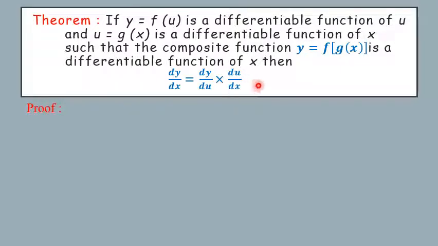So first we are going to prove that y is a differentiable function of x, and then that dy by dx is equal to dy by du into du by dx. Here y is a function of u and u is a function of x is given.